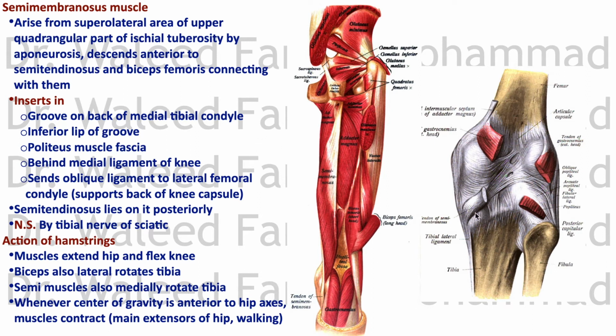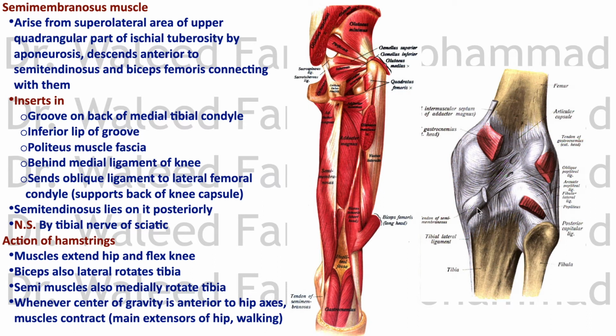This inserts in the groove for semimembranosus beneath the medial condyle of the tibia on the back posteriorly, but sends multiple extensions to the inferior lip of the groove of the semimembranosus muscle, behind the medial ligament of the knee, and sends the oblique ligament.